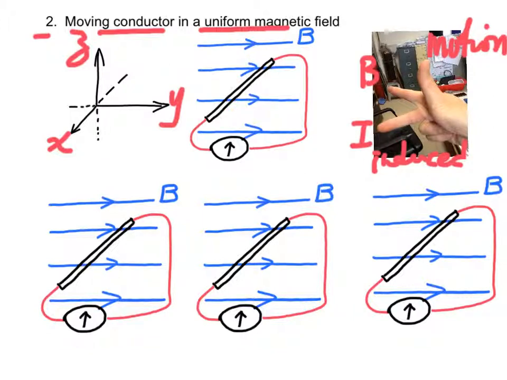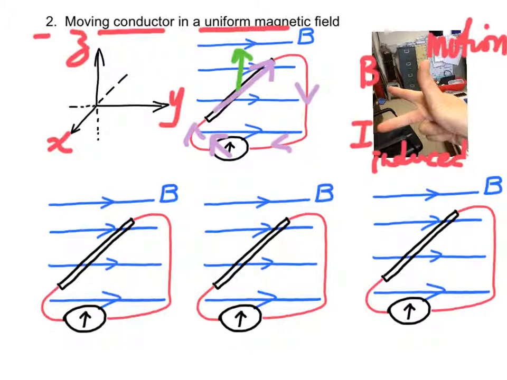If the conducting wire is moving along the z-axis, or we say moving upward, by Fleming's right-hand rule, the induced current will flow in the direction shown. Hence, the galvanometer needle will deflect to the left.